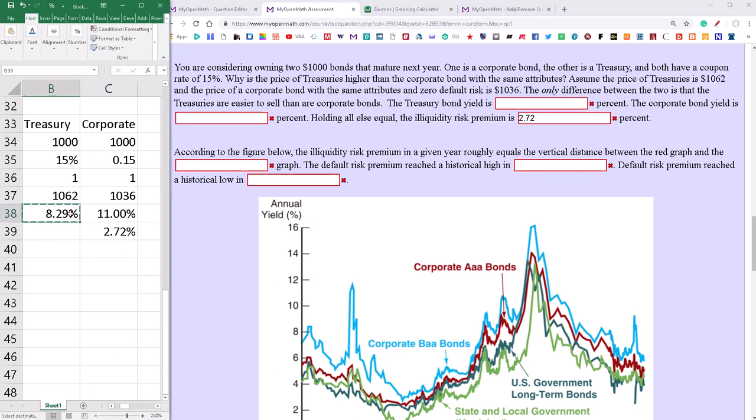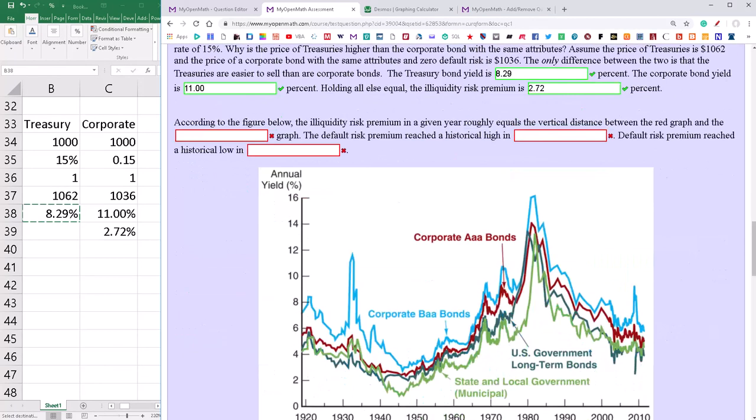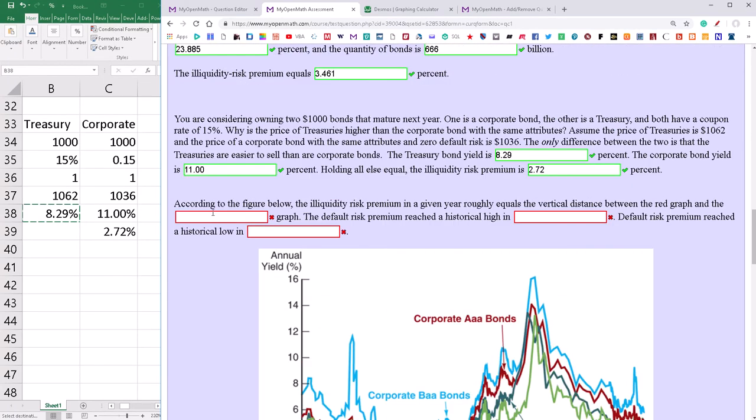The yield on the treasury with more liquidity is 8.29. And the corporate bond yield is 11.00%. We'll hit enter to make sure we got it right. Okay, we did. Okay, good. Now, according to the figure below, the illiquidity risk premium in a given year roughly equals the vertical distance between the red graph and what?